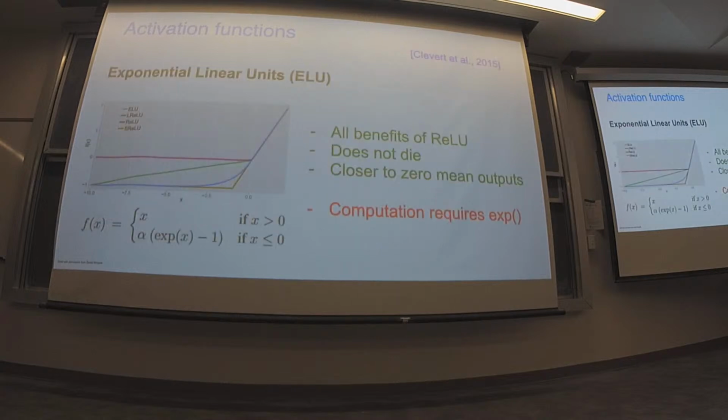Okay, I think we have a couple of other versions of these linear units. Here's another one. This is called an exponential linear unit, or ELU. It looks a lot like the leaky ReLU, except for one difference.